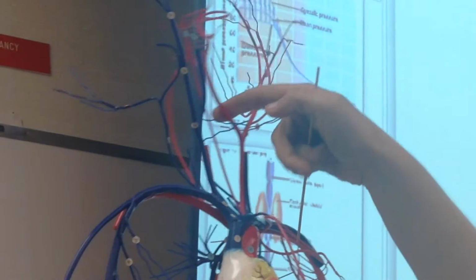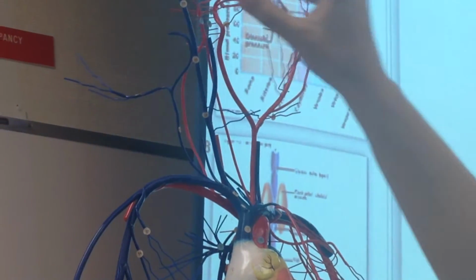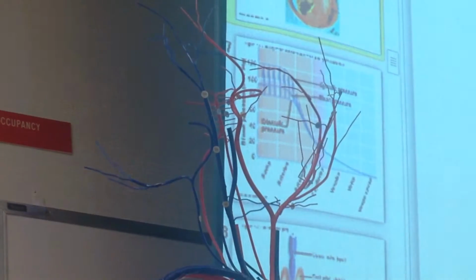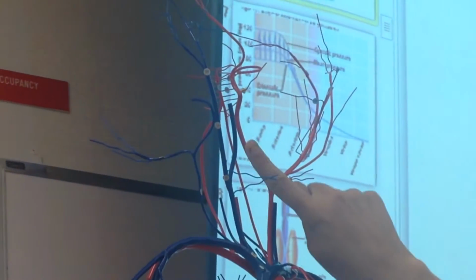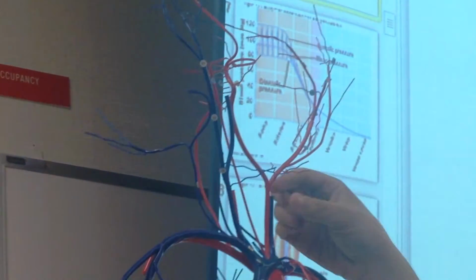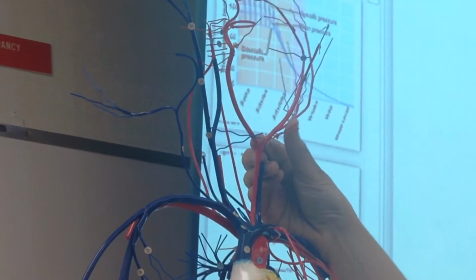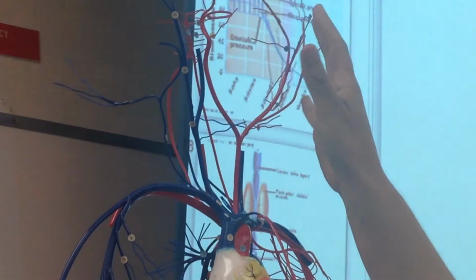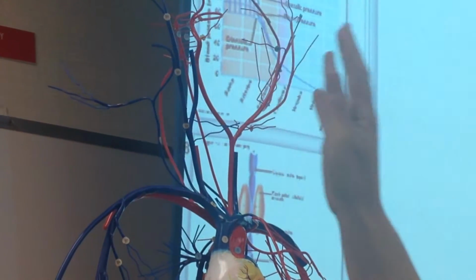And so right here, the brain is going to be right here where my fist is. Okay, so this is the internal carotid artery. And then the external carotid artery is here. So this is going to go to the face and the scalp over here.